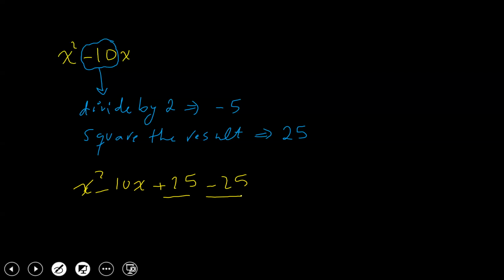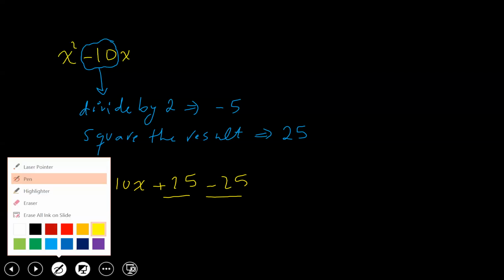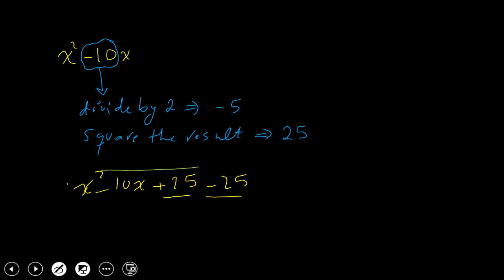Look what happens now if we take the first three monomials here. We get a squared minus 2ab plus b squared. That is, here we get a trinomial of the second degree written under the form a squared minus 2ab plus b squared.